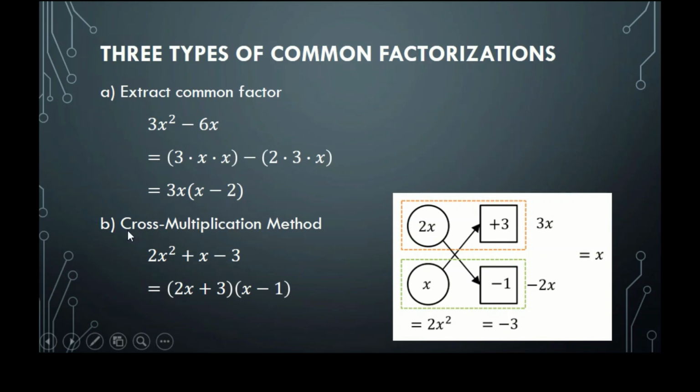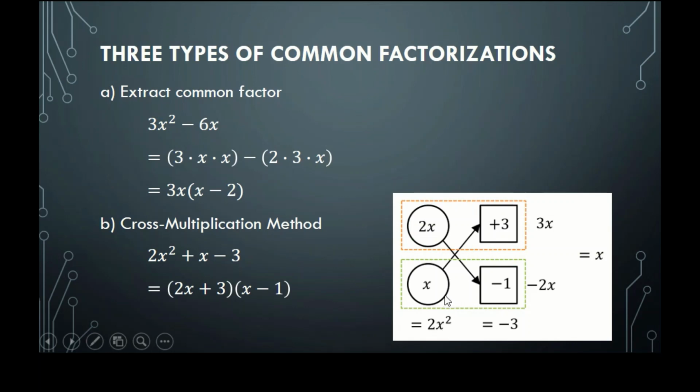Method B is called the cross multiplication method. If we want to factorize the expression 2x squared plus x minus 3, this is what we can do. First, we write the first term 2x squared here, and the last term, negative 3, here. We find a combination to get 2x squared.